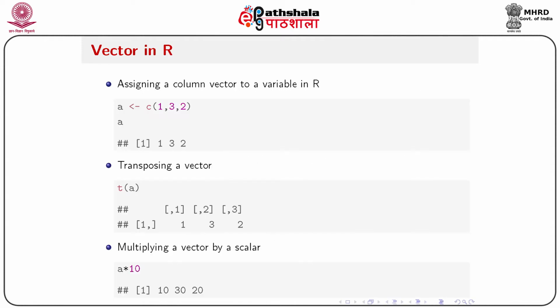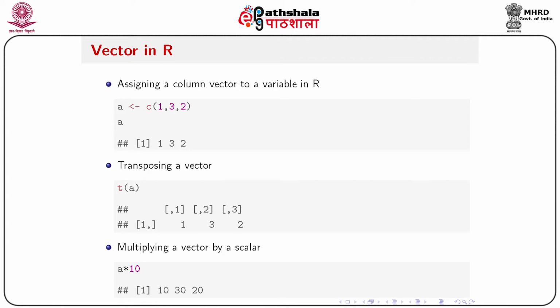Let's learn how to assign a vector to a variable in R. To assign a column vector to a variable in R, we normally use the function called c. c stands for column. So everything that you are going to assign in a vector, all the components should be passed within the c function separated by commas.